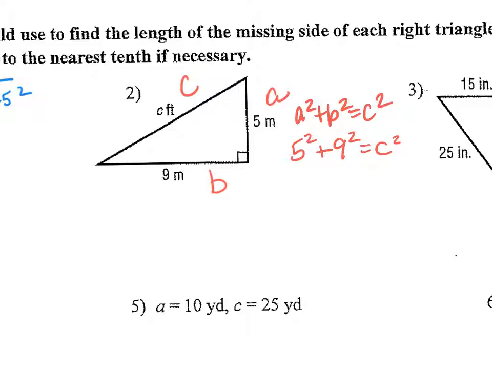So 5 squared plus 9 squared: 5 times 5 is 25, and 9 squared is 81. So if we do that in the calculator, 81 plus 25, square root of it, 107, about 10.3.